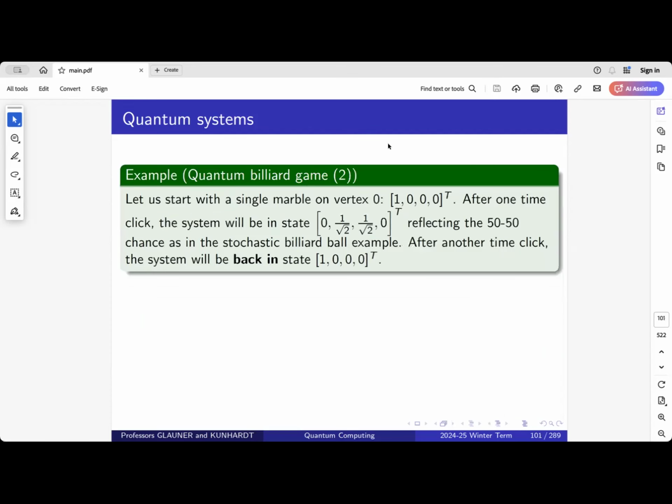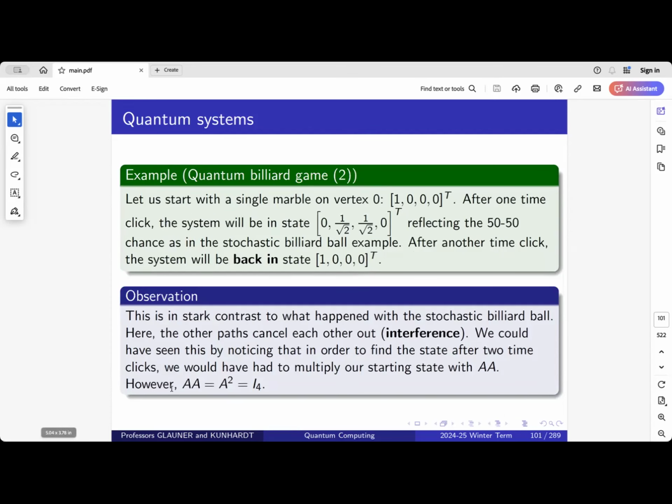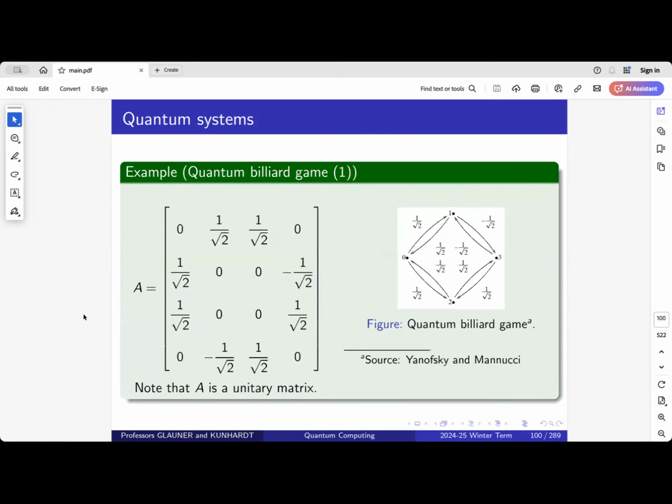I saw one question from before, why this cancels out and it's not A dagger times A. Just look at the matrix, and here A and A dagger are exactly the same, because we only have real components, so the conjugate doesn't change anything, and when we transpose A, we get A again.